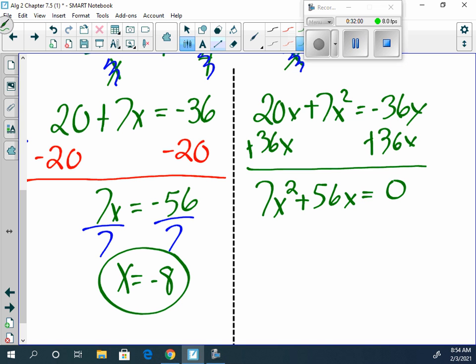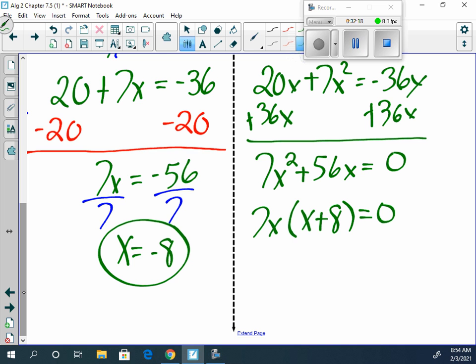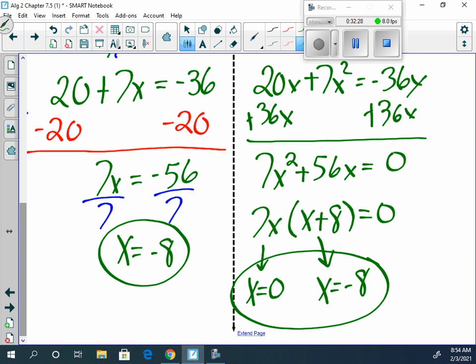So hey, they both have a greatest common factor of 7x, which if I factor it out would leave me with x plus 8 equals 0. Okay. Well, this one here would tell me x is equal to 0. Here tells me x is equal to negative 8, yes?